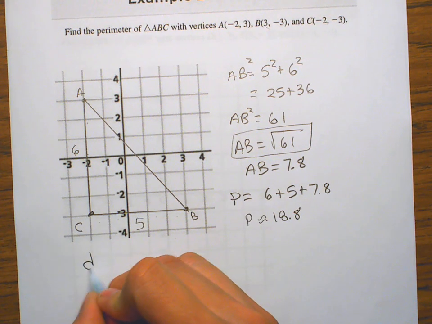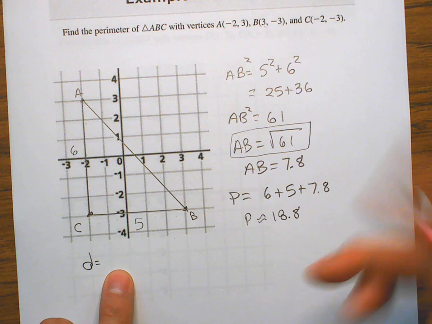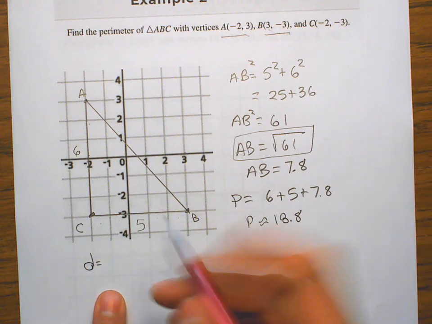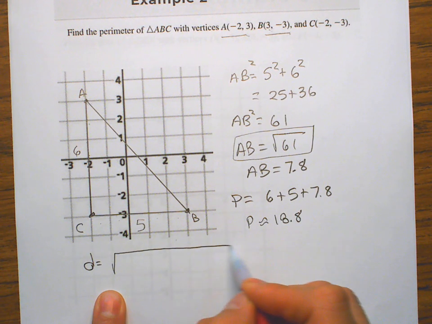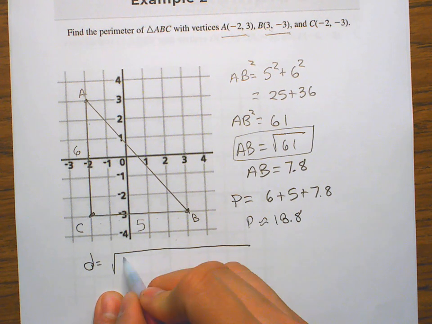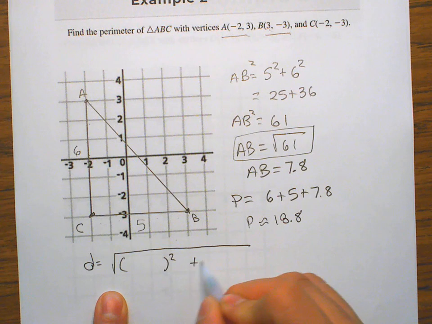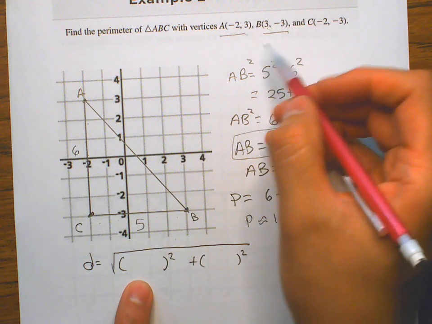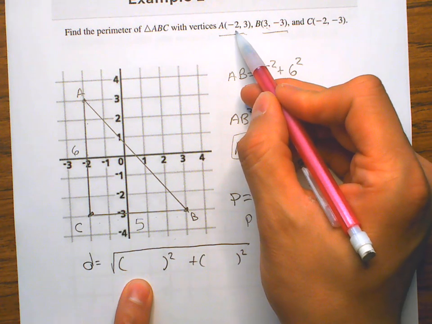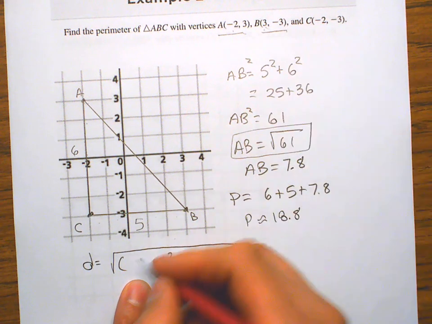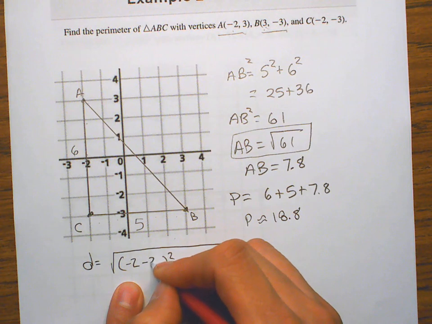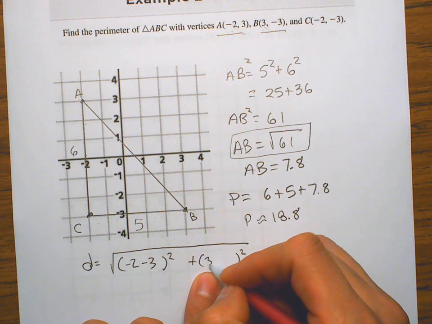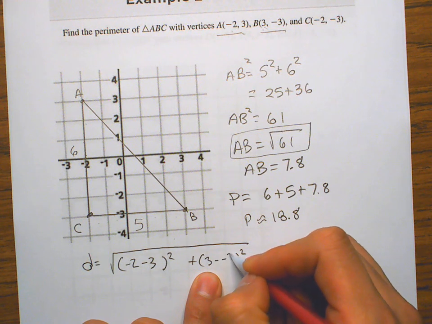For the distance formula, we're going to find the distance between A and B. To do that, we're going to take the differences of the x's and the differences of the y's, quantity squared. So here, the differences of the x's are -2 and 3, so -2 minus 3. And the difference of the y's is 3 minus -3.